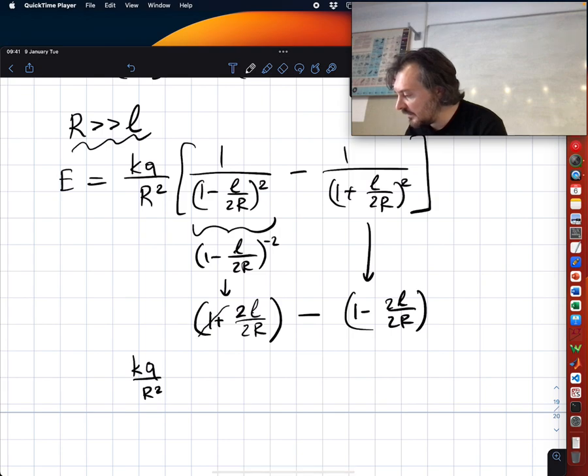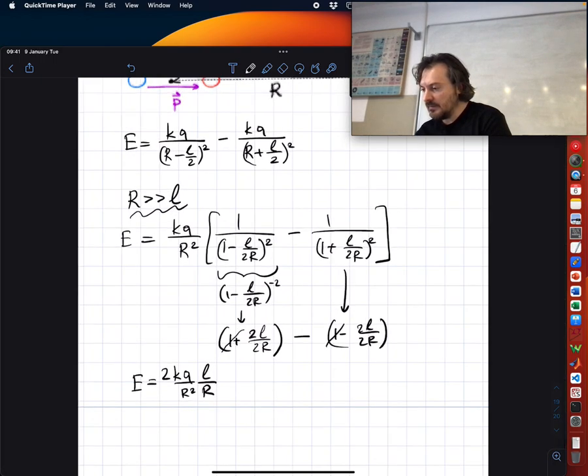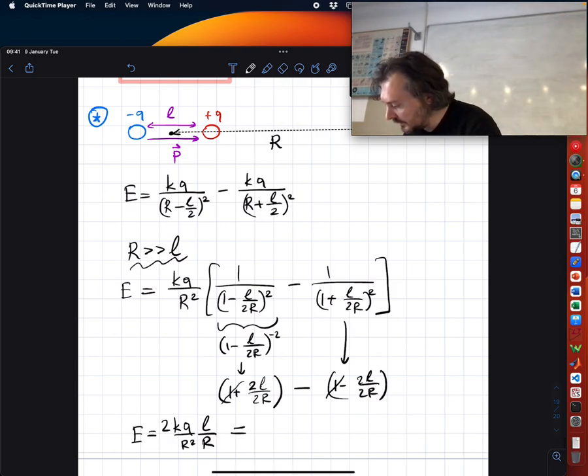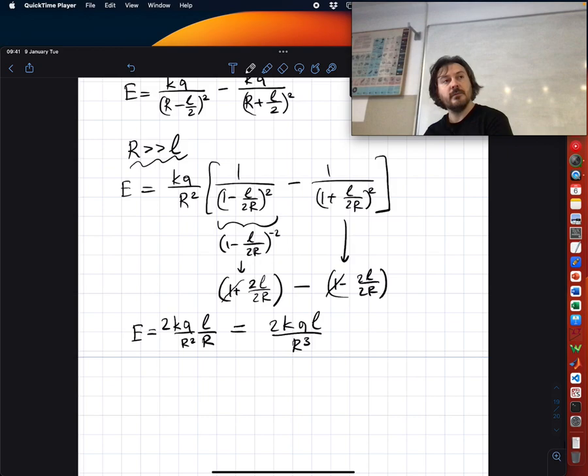The ones cancel each other, and the rest is 2L over R. So it turns out that the electric field due to a dipole is 2KQL over R cubed when R is much larger than L. Right? Did you follow this?